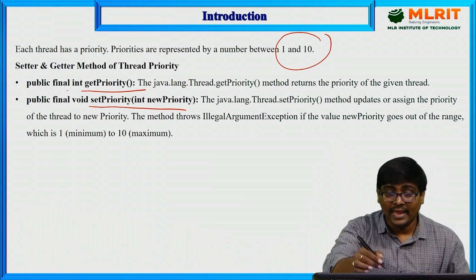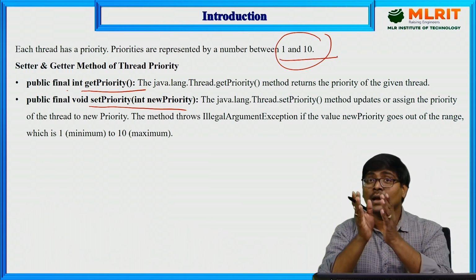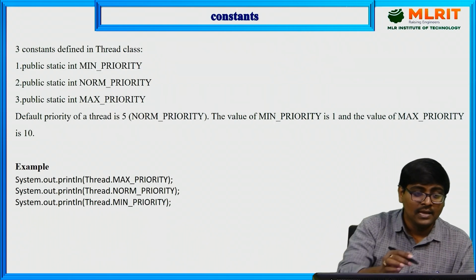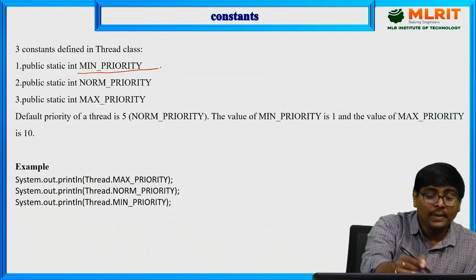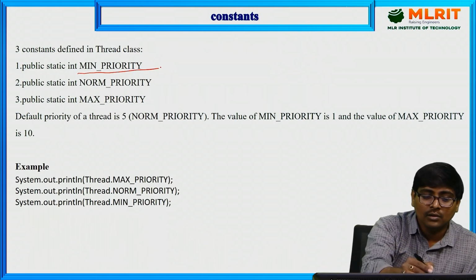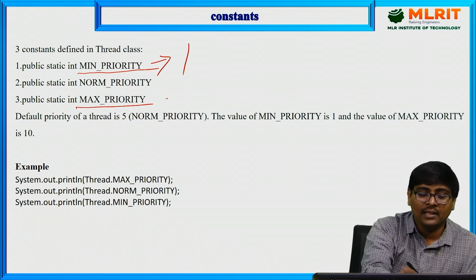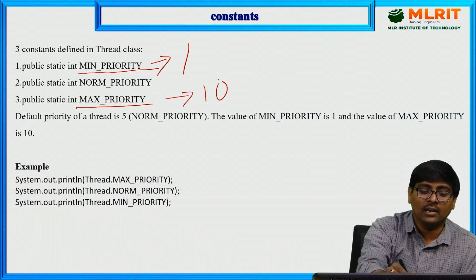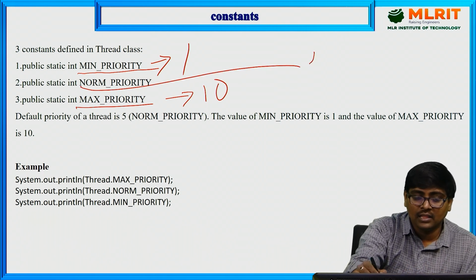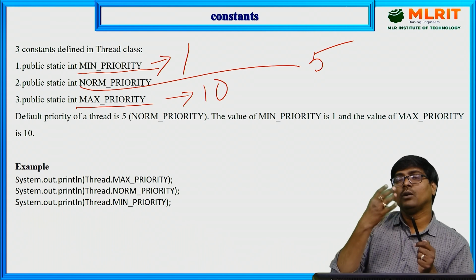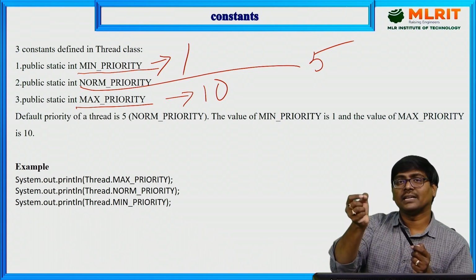Now, along with the numbers, some constants are also there for assigning the priority. The constants are MIN_PRIORITY, the value is 1; MAX_PRIORITY, the value is 10; NORM_PRIORITY, the value is 5. Suppose I want to set the priority as 10.